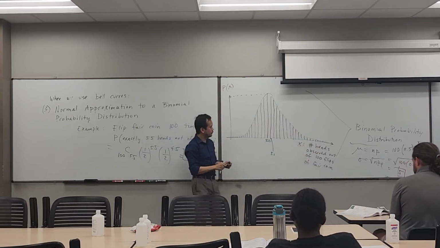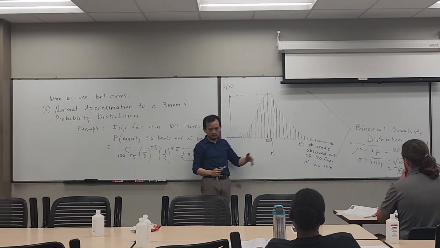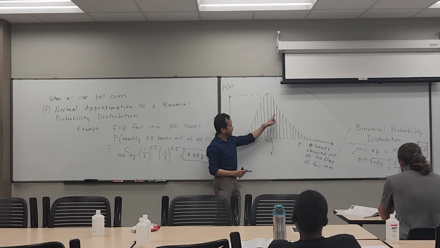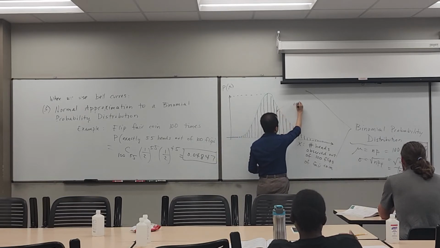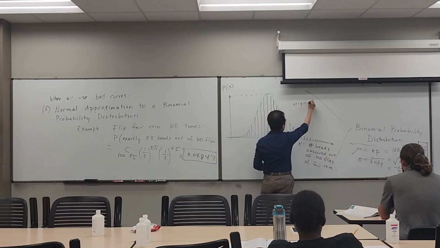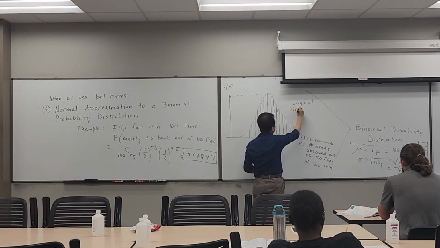So you notice that you have two different distributions here. They're not one and the same. The original black distribution is the original binomial probability distribution.